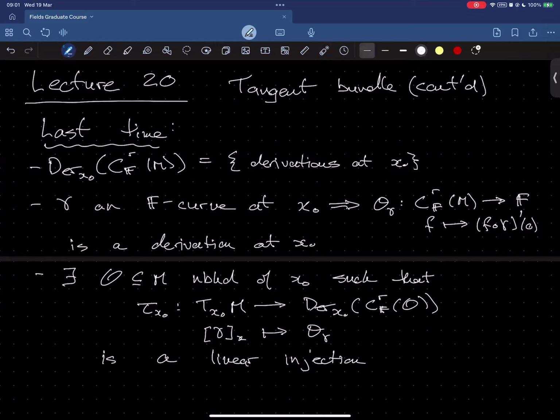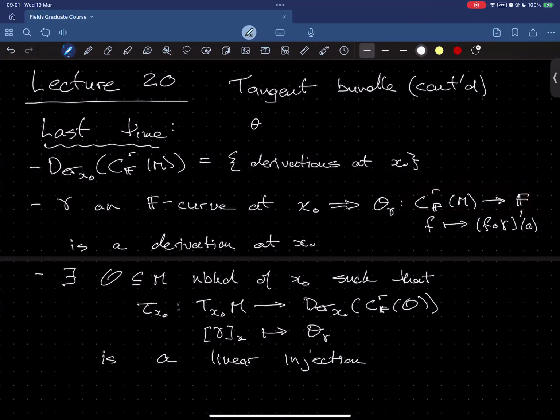Then we had this non-chart concept, which is that of a derivation. And remember, the derivation is a mapping. So we'll see down here that it's a mapping from the set of functions of class C^r into the scalar field, and it has some property, and you'll remember that property.